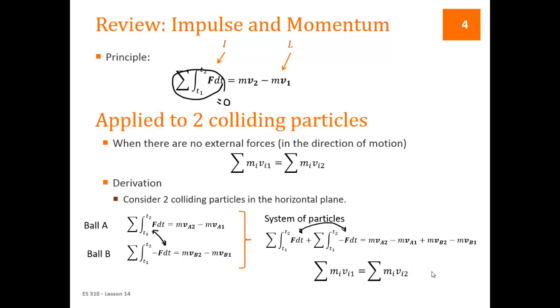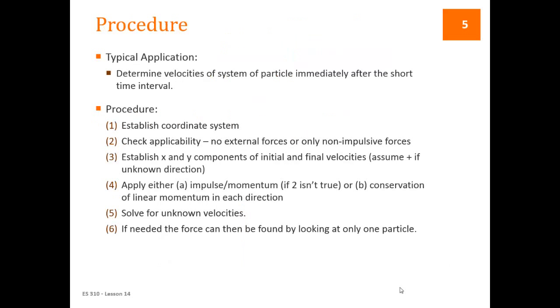The procedure for this method is typically applied when we're asked to find velocities for various particles in a system of particles before or after some sort of impact occurs. So our procedure is we establish a coordinate system as usual.